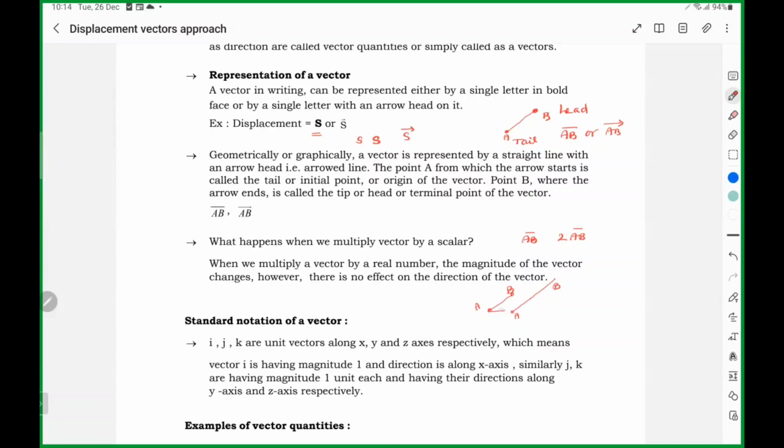Direction means with respect to reference line, how much angle it makes. Once you multiply by a real number, there is no change in the angle, only change occurs in the magnitude.